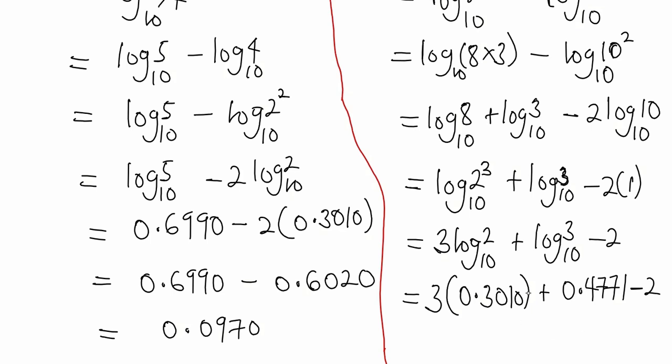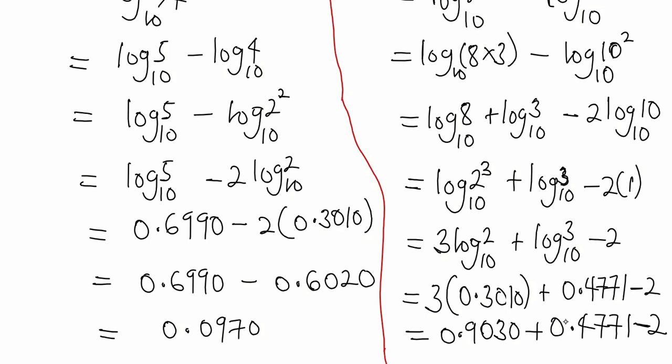Now when we multiply 3 by 0.3010, then we are going to have 0.9030, and then plus 0.4771 minus 2.